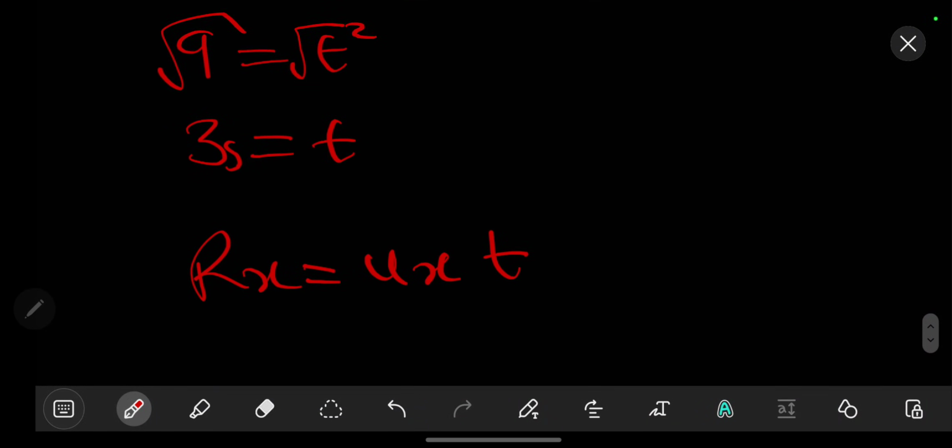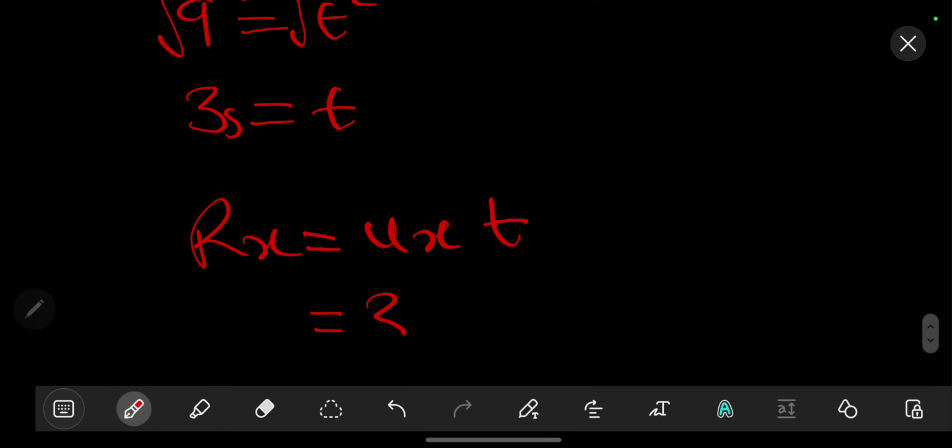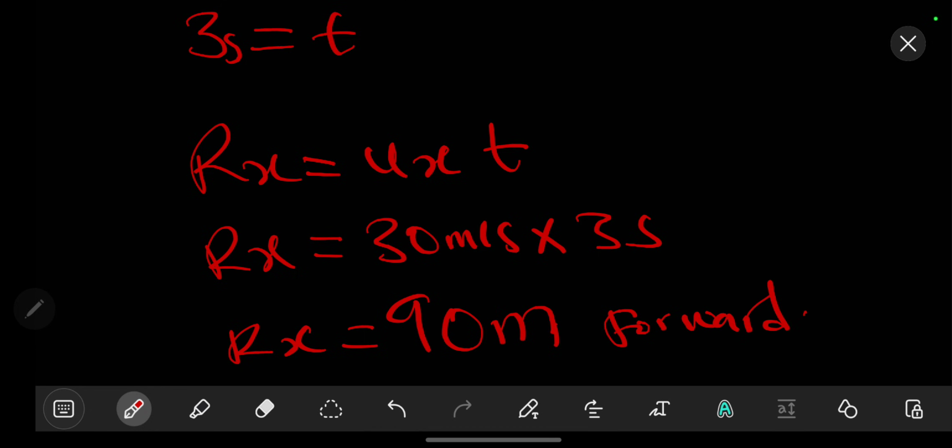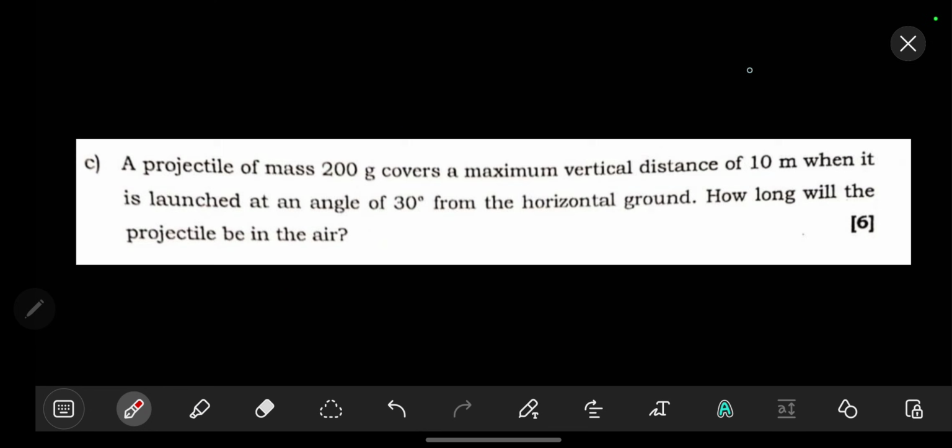So we have ux equal to 30 meters per second times our time, which is 3 seconds. So our Rx should be equal to 90 meters. So it is 90 meters, that is where it is going to move. So 90 meters forward like that. Let's look at our next problem.